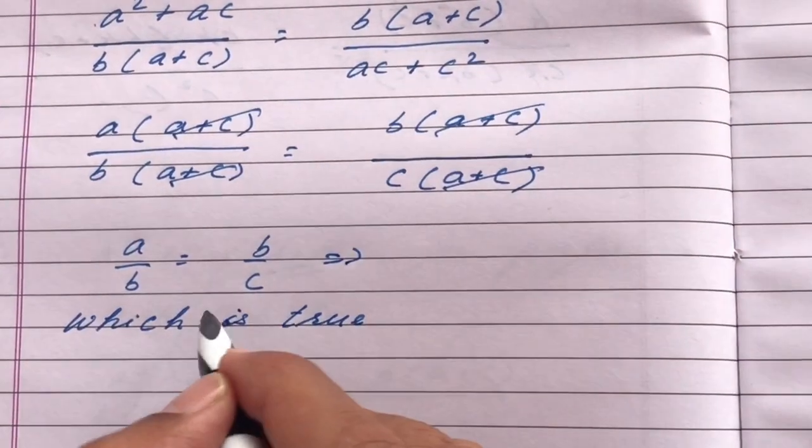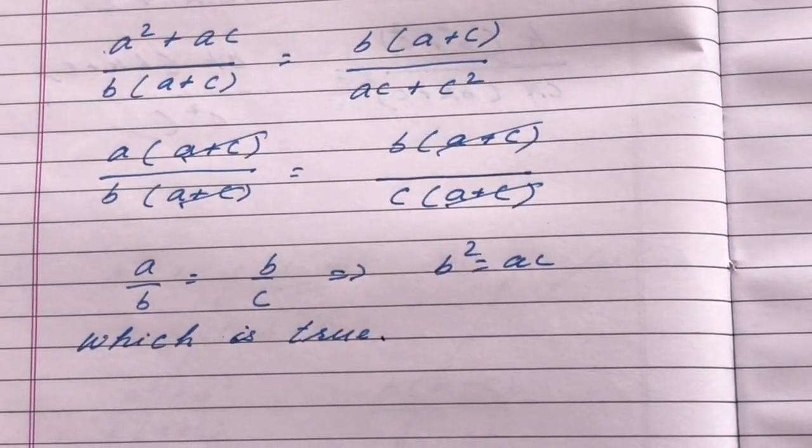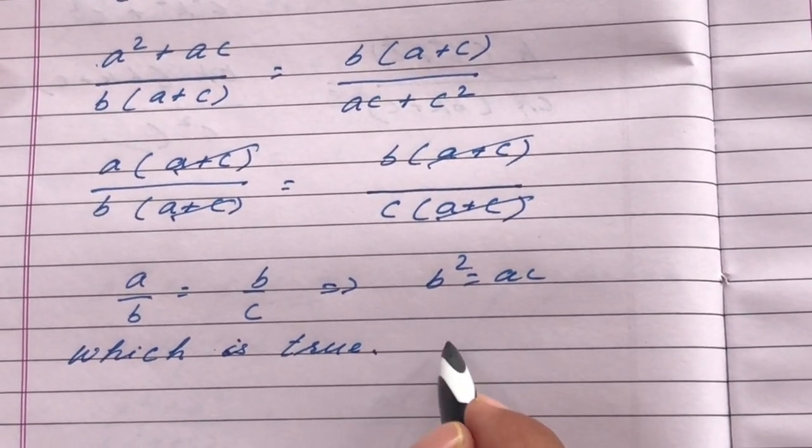It implies that I can write B square is equal to AC. It is true, B square is equal to AC. So, hence proved.